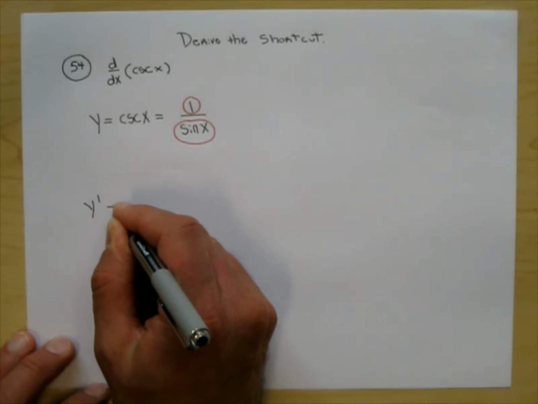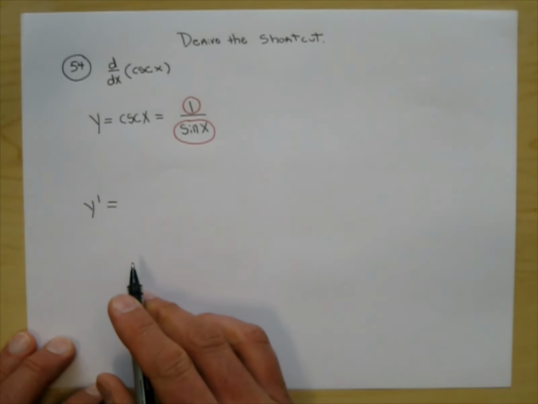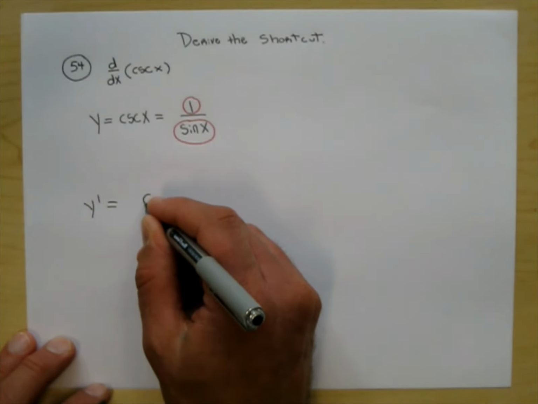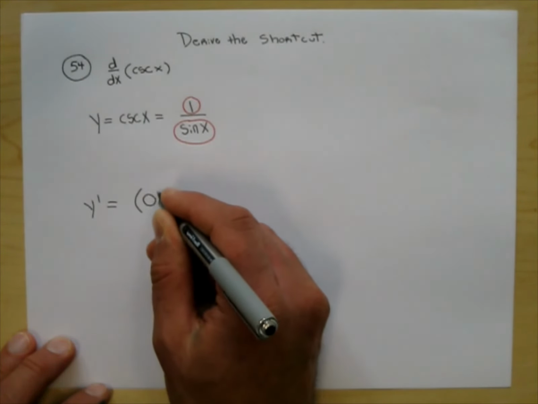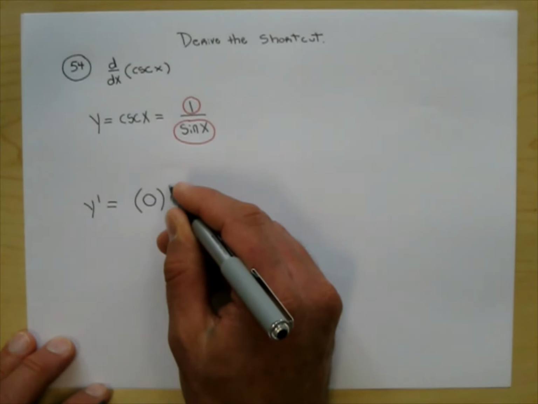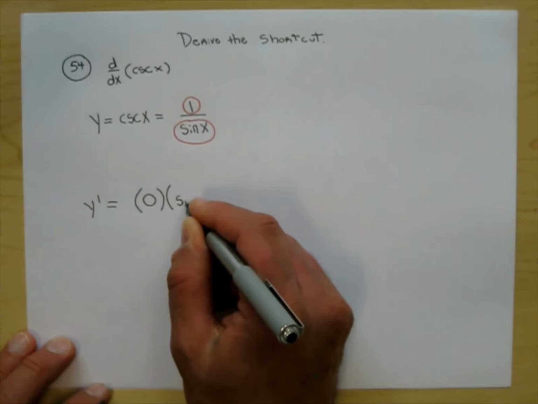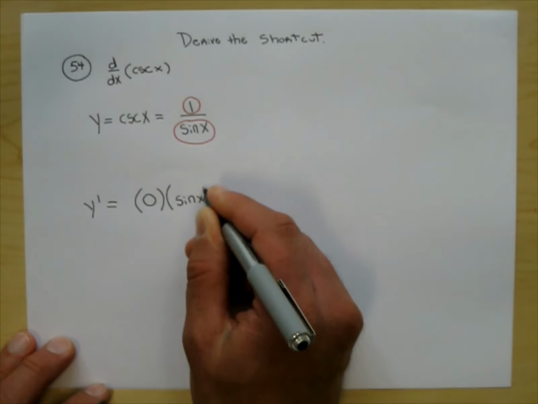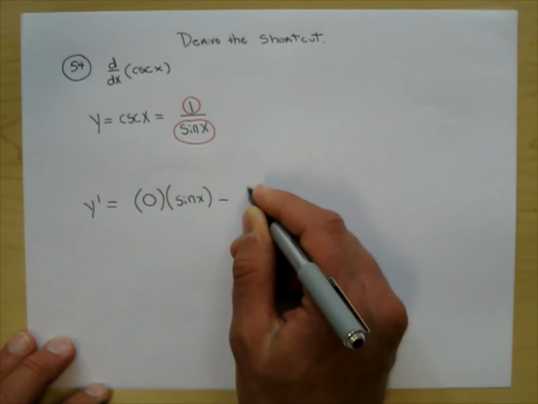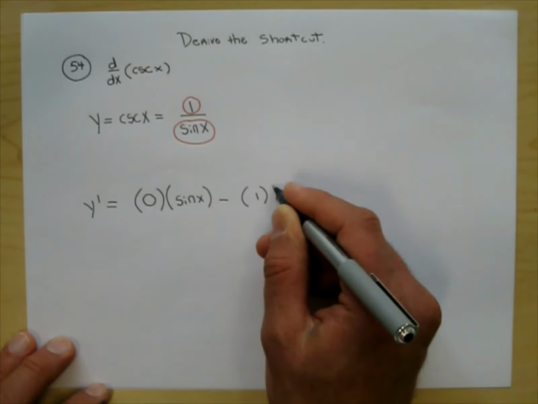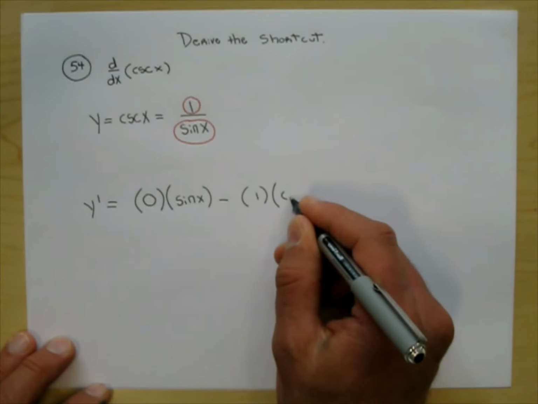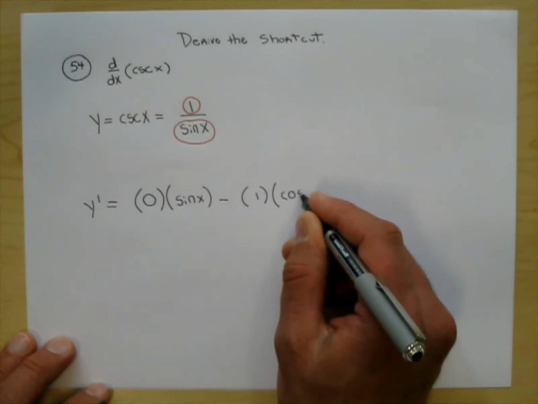The quotient rule says the derivative of the top, which is the derivative of a constant, times the bottom, minus the top times the derivative of the bottom. The derivative of the sine is the cosine.